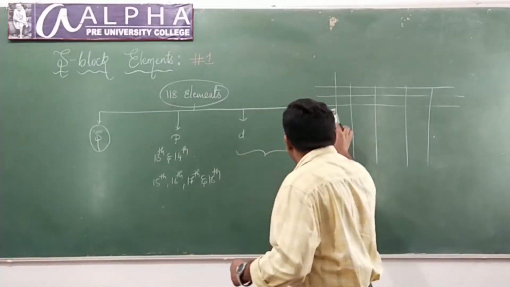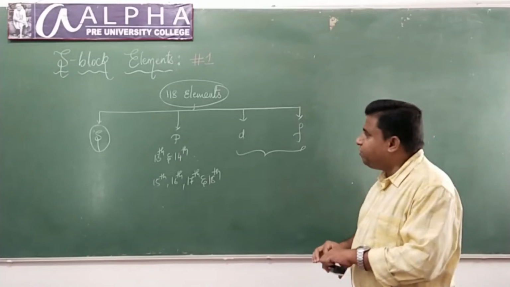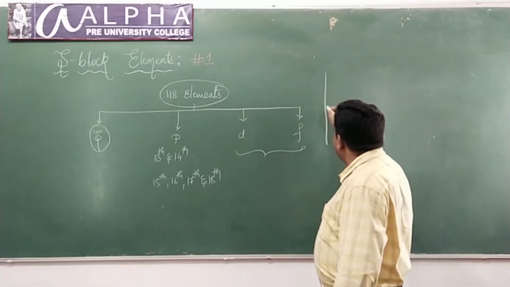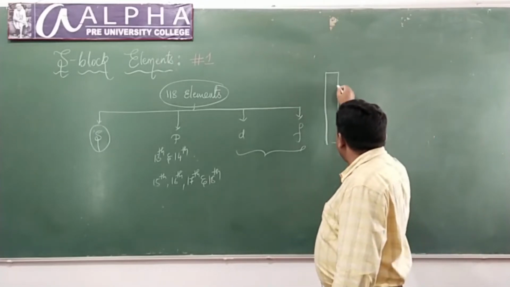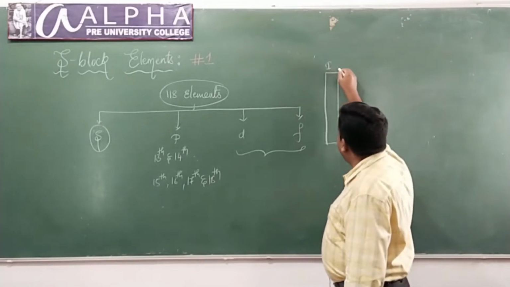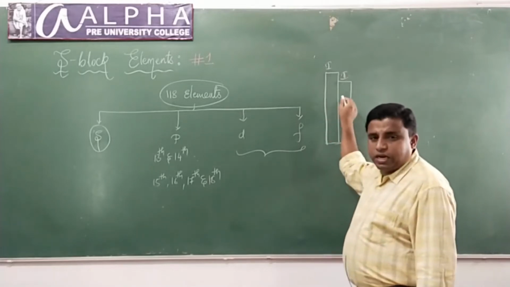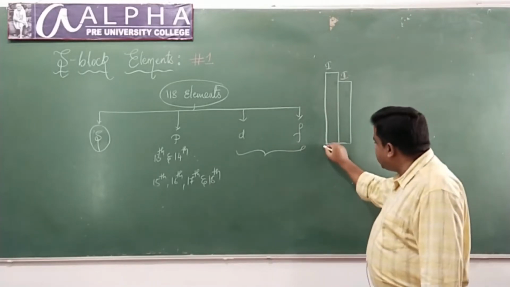We have 2 groups of elements placed at the extreme left of the periodic table, group 1 and group 2. These 2 groups are called S block elements.